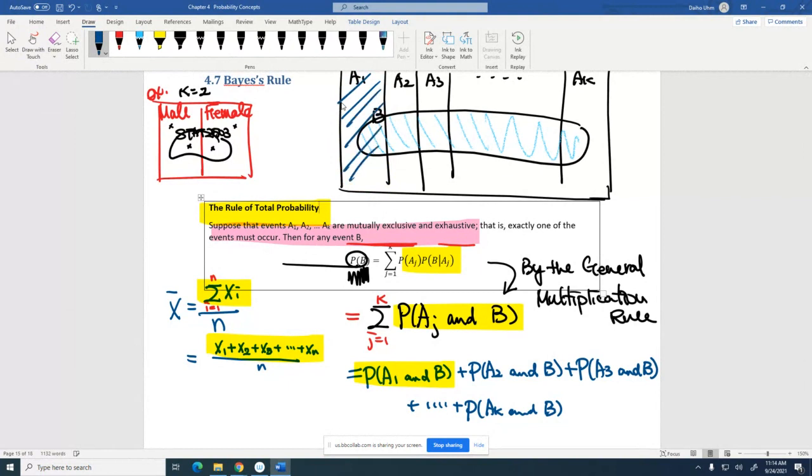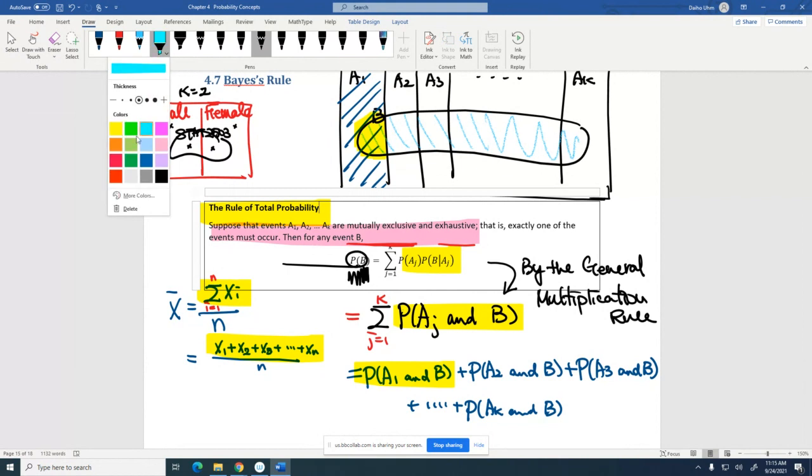A1 and B. Where is the A1 and B? It was in the middle. So A1 and B in the middle, right? So the very first probability from here, the yellow one. Does it make sense, right?